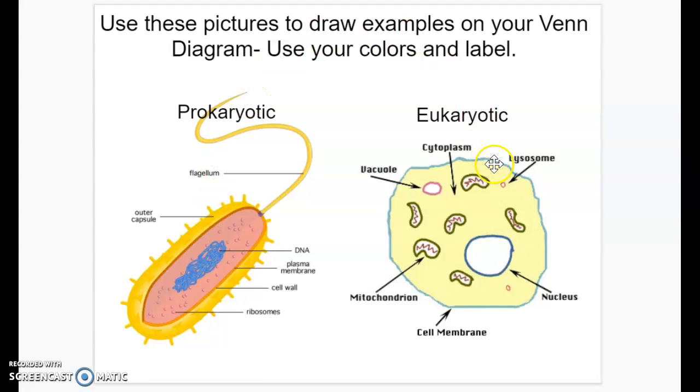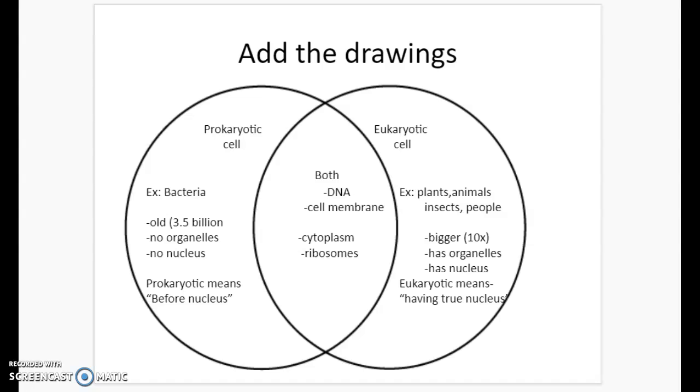The eukaryotic has a nucleus, and inside here is where the DNA is stored. It's protected a little bit better. And there are organelles in a eukaryotic cell. So take a few minutes, draw a picture, and I think that will complete our Venn diagram.